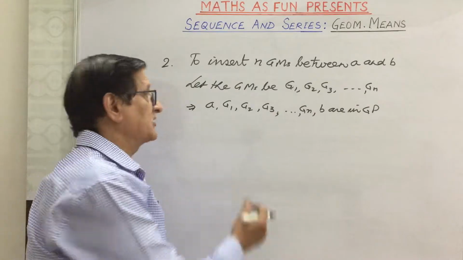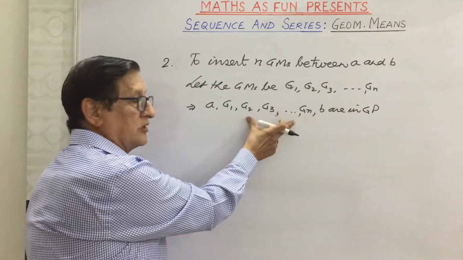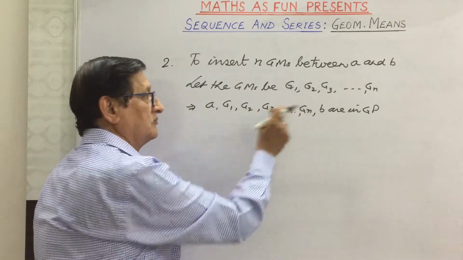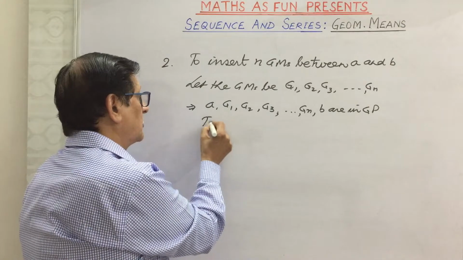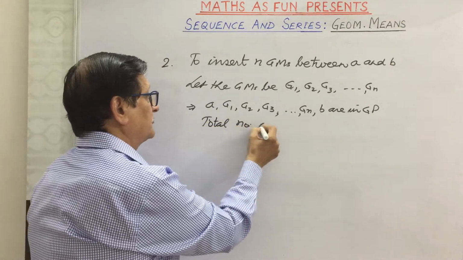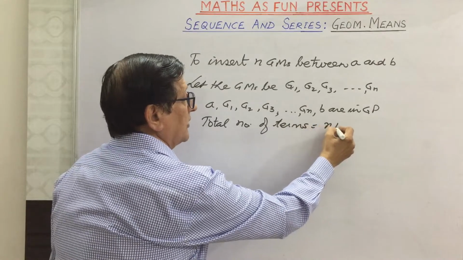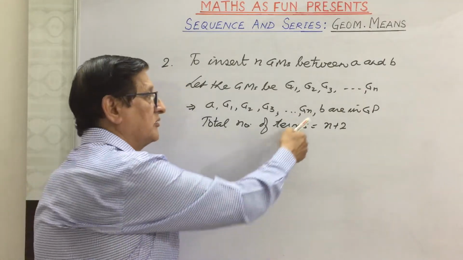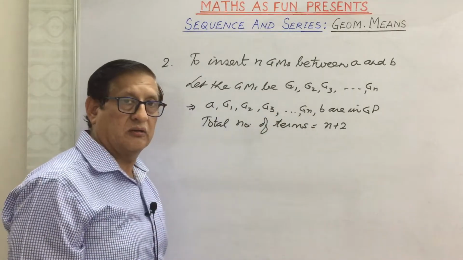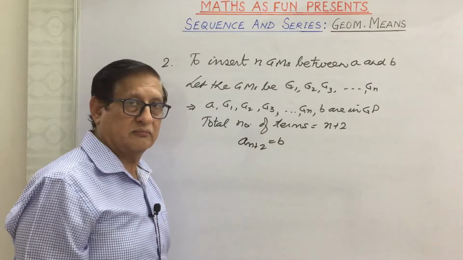As we insert n geometric means between A and B, n are these terms and these are two terms, so they become n plus 2. So the total number of terms is n plus 2, and the n plus 2th term is the last term, that is B.